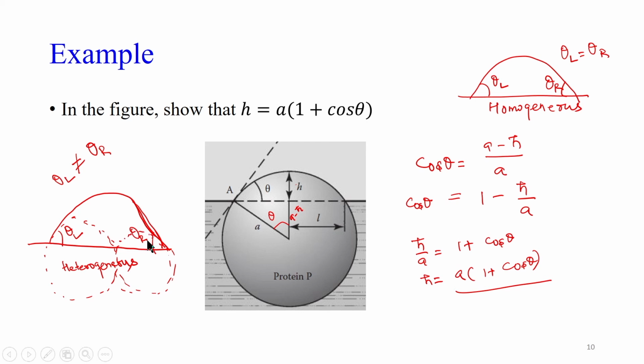It is not necessary that the whole shape be fitted with one circle, because if, due to some physical or chemical heterogeneity at the surface, the surface tension and interfacial tension are not the same on both sides, we are going to have a difference between the left and right contact angle. In that case, you might need to fit a different circle for the left and a different circle for the right.